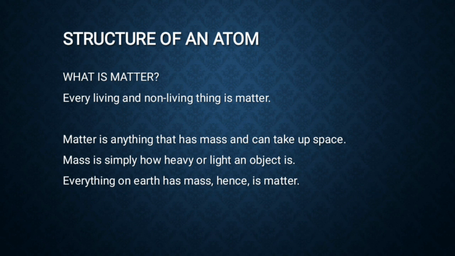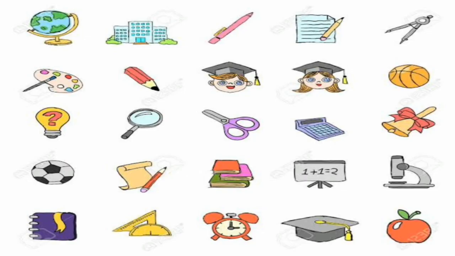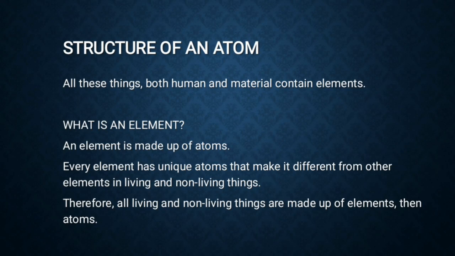We also saw what matter is. Matter is anything that has mass and can take up space. Mass is simply how heavy or light an object is. We established that everything on Earth has mass and can occupy space.